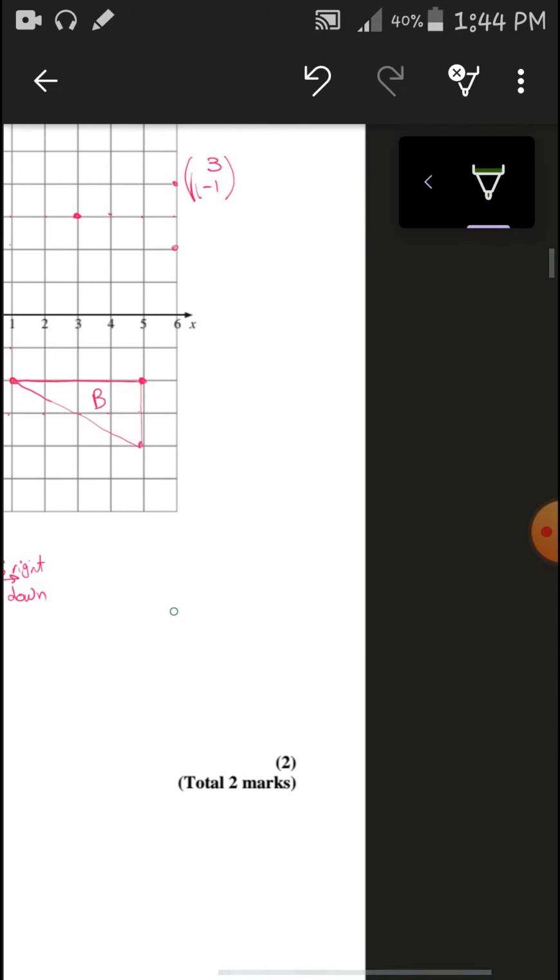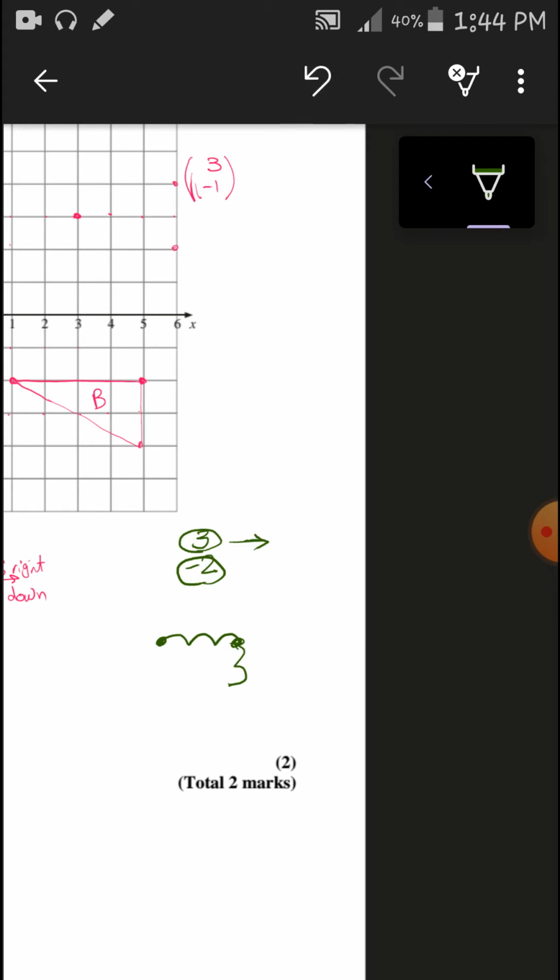So if I gave you 1 point and I asked you to translate this by vector 3 and negative 2, 3, we move this to the right, 1, 2, 3, then negative 2 down, 1, 2.